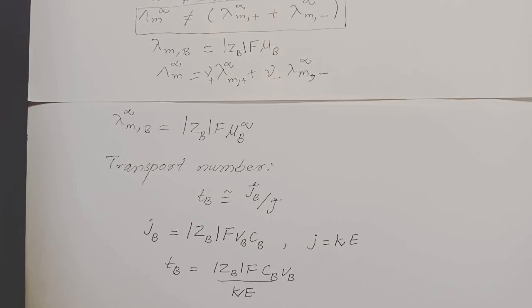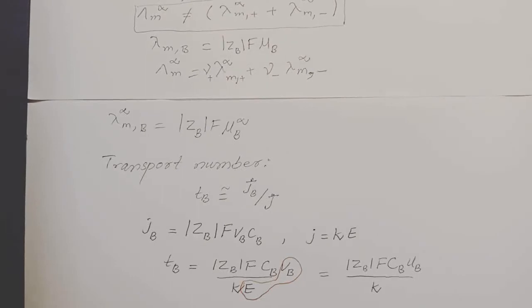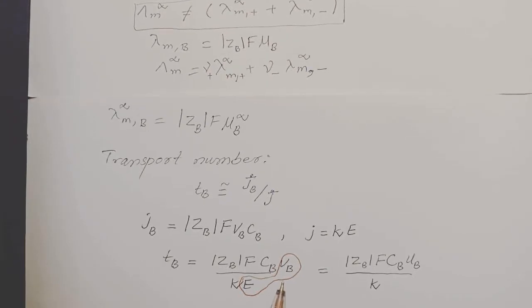So we can again simplify this equation in terms of the mobility, that is the ratio of the drift speed over the field strength.